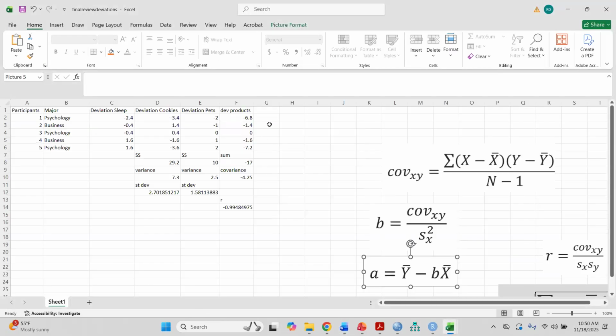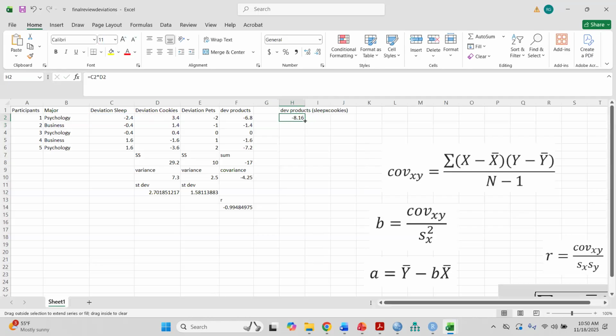All right. So we're going to need new deviation products, okay? And you might label this even further to help you differentiate it from the other deviation products. You can do it like sleep and cookies or whatever helps you. So this is going to equal sleep times cookies.